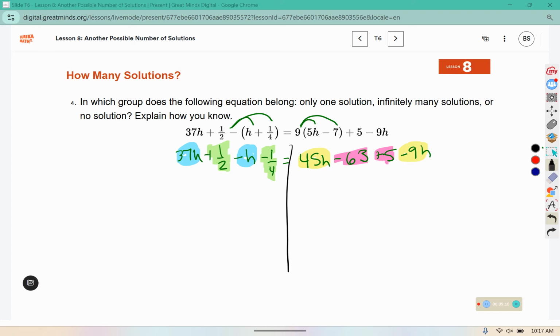So we have 37h minus h is 36h. A half minus a fourth leaves us with a fourth. 45 minus 9 is 36h. And negative 63 plus 5 would be negative 58.